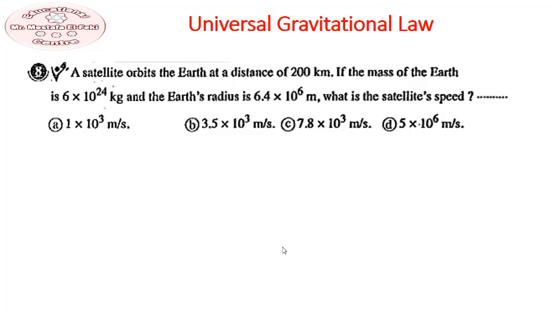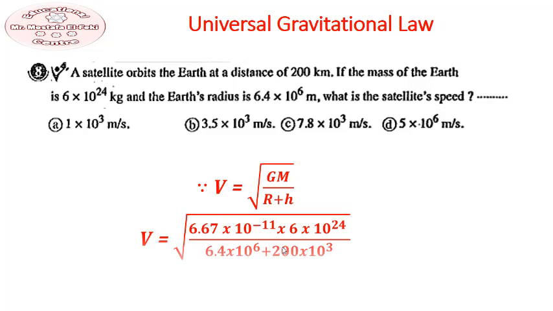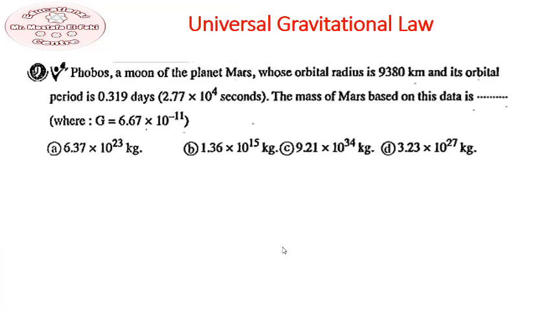A satellite orbits the Earth at 200 km. If the mass is given and the radius is given, this is the relation, and substituting the numbers directly into the relation and converting 200 km to meter, times 10 to the power of 3. Phobos, a moon of the planet Mars, whose orbital radius is 9,380 kilometers.